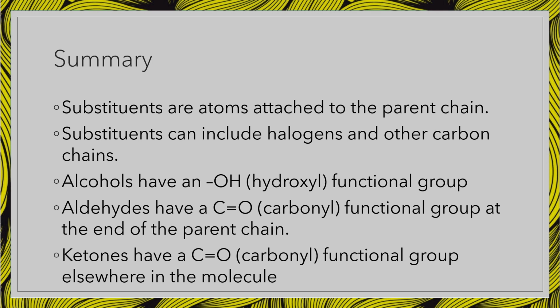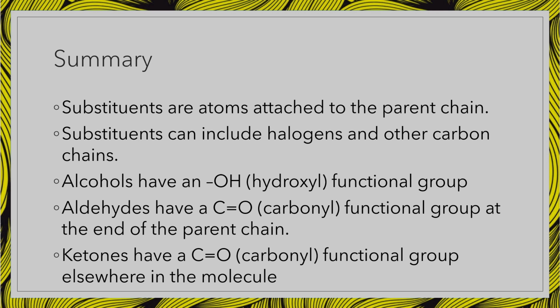Now, summary. Substituents are atoms attached to the parent chain. Substituents can include halogens such as fluoro, chloro, bromo, iodo, or other carbon chains such as methyl or ethyl. Now, alcohols, they have an OH functional group, so a hydroxyl group. Whenever they're in a molecule, we name the molecule an -ol, so ethanol, propanol, butanol.